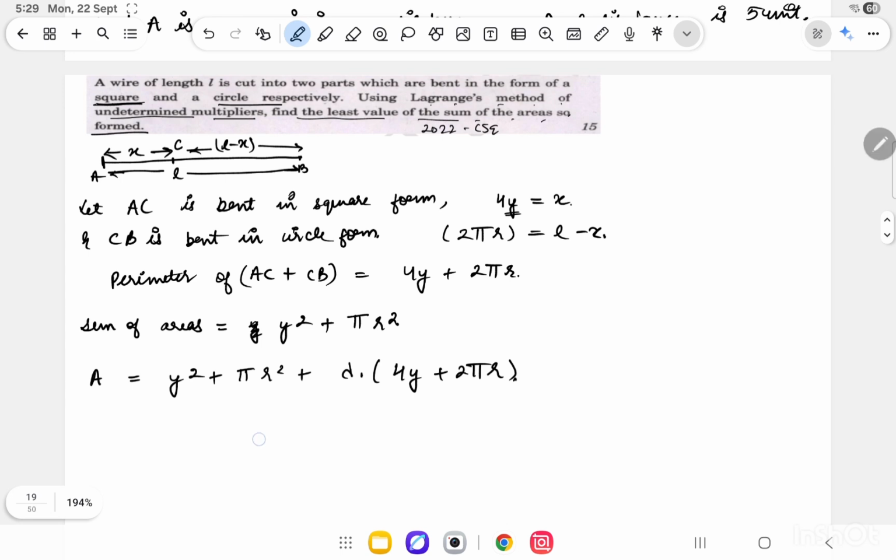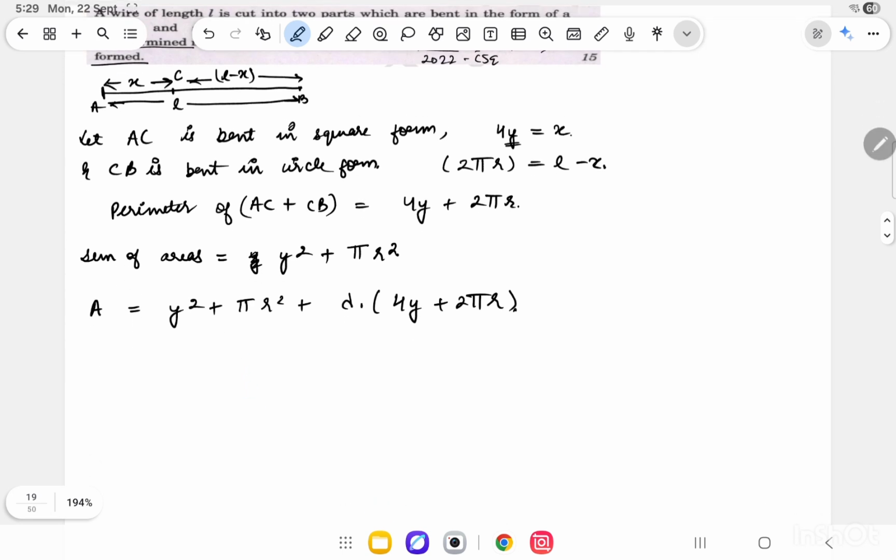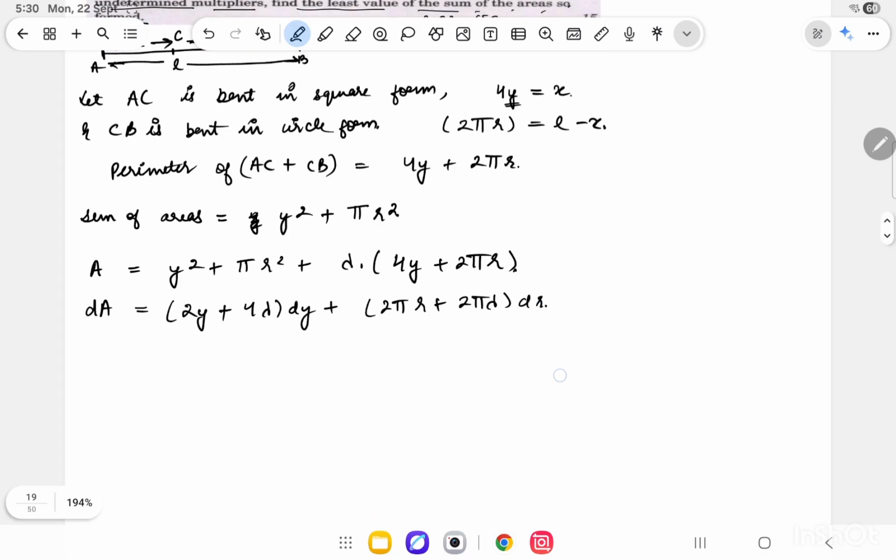So for that, first let us take the total differential, that will be basically 2y plus 4 lambda into dy plus 2 pi r plus 2 pi lambda into dr. So to get the points where it attains the minimum area, we just need to equate the differential with 0.